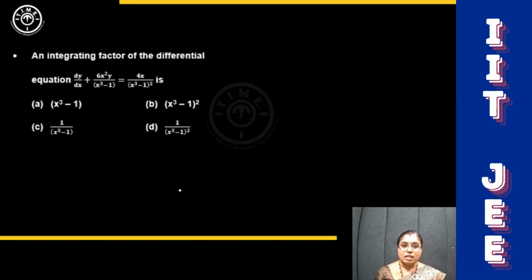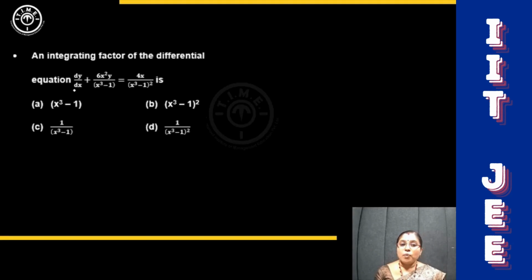Our first question is, an integrating factor of the differential equation dy by dx plus 6x square y by x cube minus 1 equal to 4x by x cube minus 1 the whole square is.